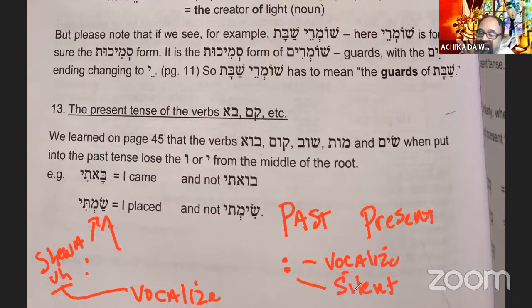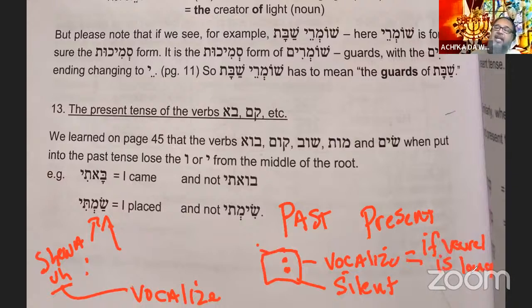So the rule is whether or not these two dots are vocal or if they're silent. If they're vocal, I will say them. If the vowel is long, I would say them. I have to say them because the first vowel was long.